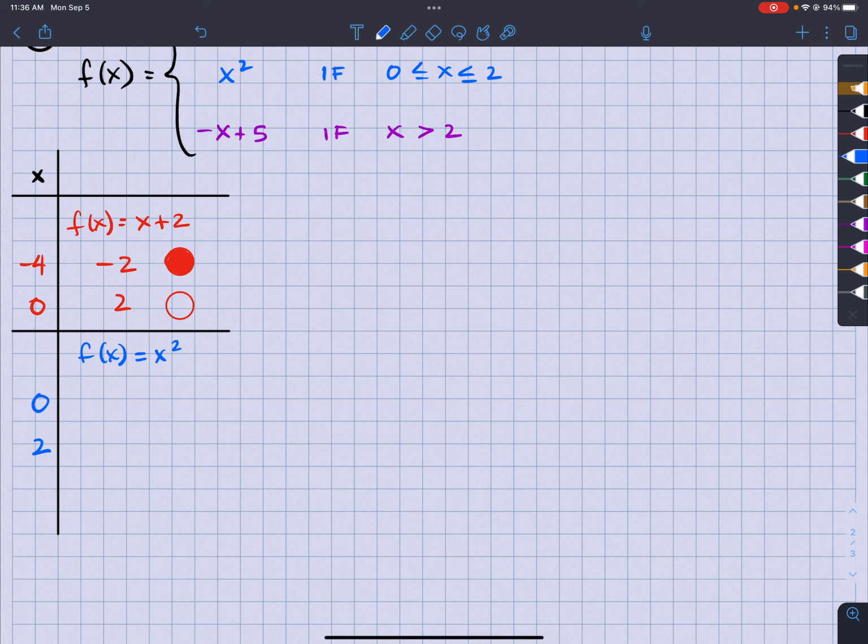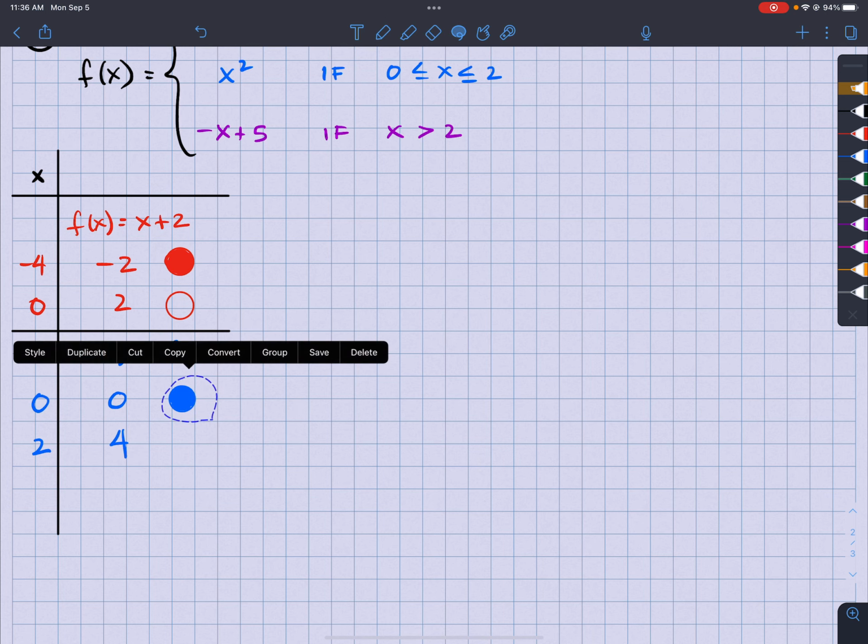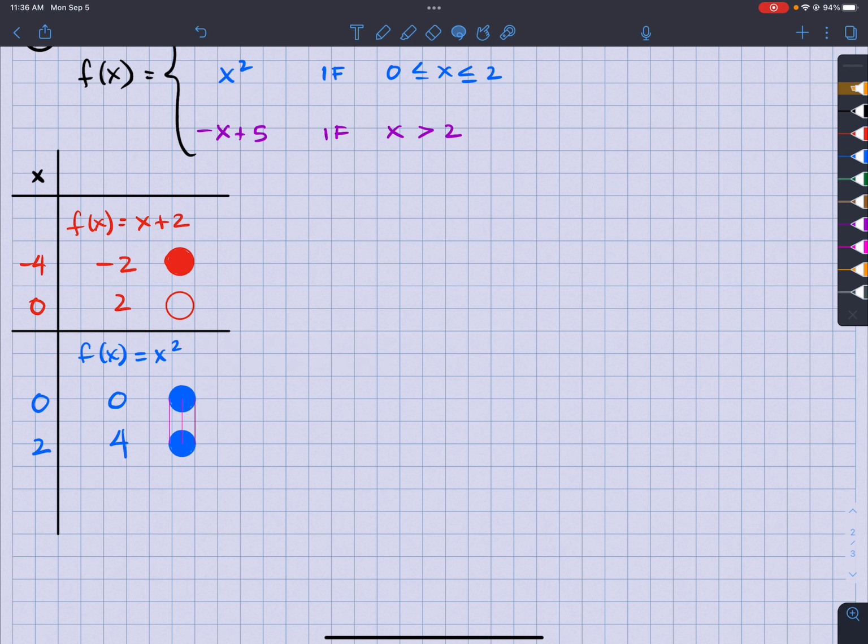And then for the blue, if I put 0, square it, it's still going to be 0. And if I put 2 in for x, I'll get 2 squared, which is equal to 4. And both of these would be closed circles. All right, that part's done.